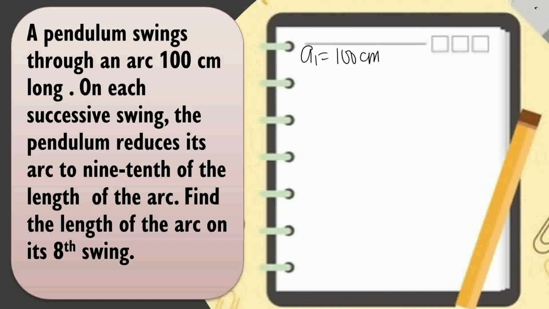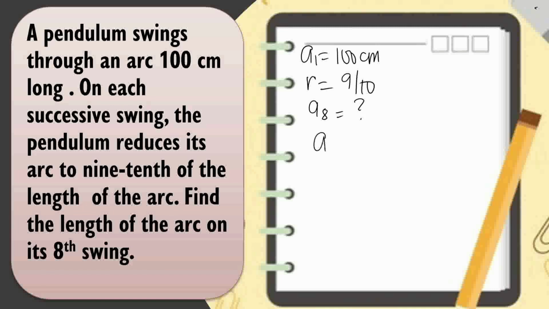So, originally, yung arc daw is 100 centimeters long, and kada swing daw ay nag-reduce yung length ng arc to 9/10 of its original length. So, ang 9/10 na yun ay tinatawag na common ratio. And then, yung hinahanap natin is yung length daw at its 8th swing.